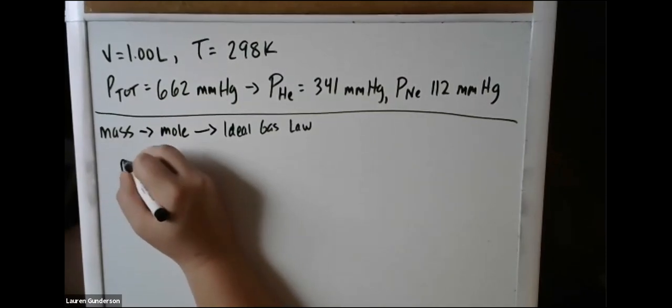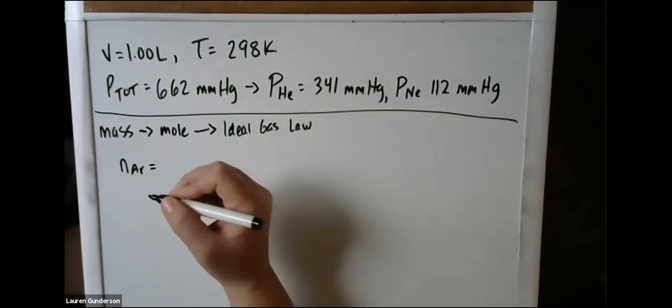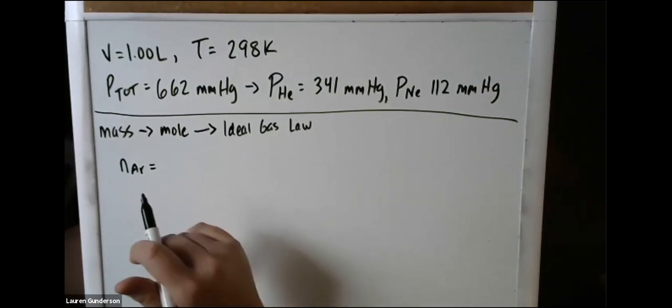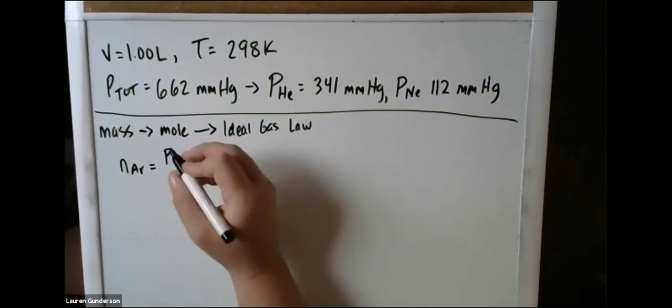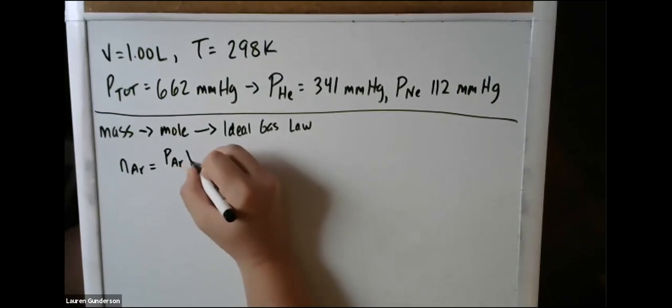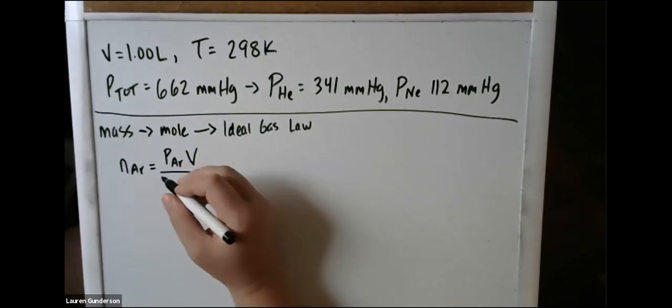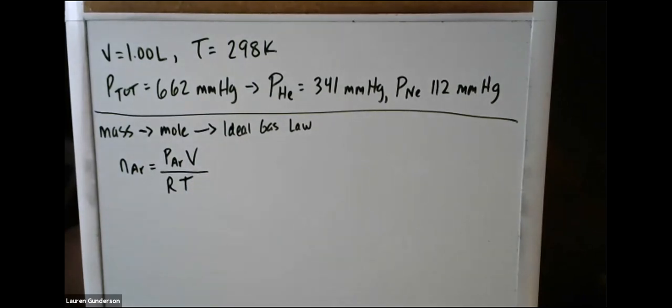So moles of argon is going to be the pressure of argon times the volume, divided by R, divided by T. Volume, R, and T don't change from sample to sample, but the pressure of each gas will be different and the mole value of each gas will be different.